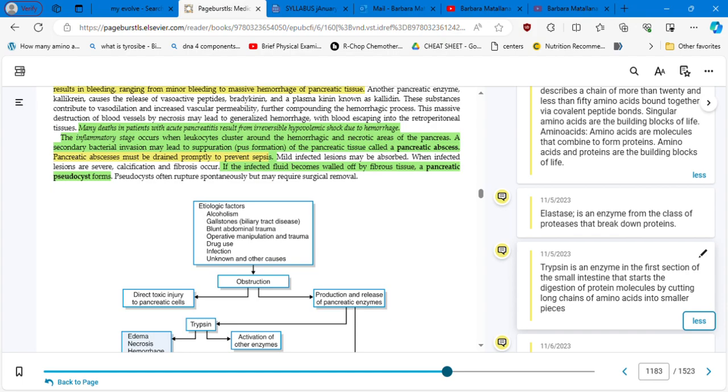Now this pancreatic abscess must be drained promptly to prevent sepsis. Of course, you have an infection inside that is causing a mass or an abscess. You need to drain it immediately to prevent sepsis, peritonitis, right? If the infected fluid becomes walled off by fibrous tissue, a pancreatic pseudocyst forms.